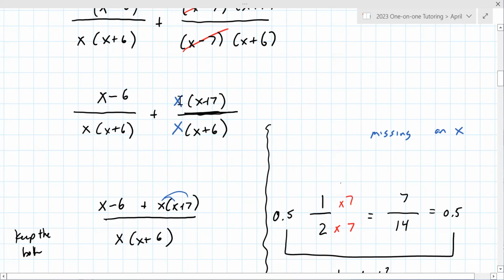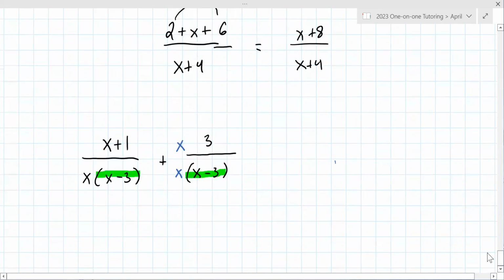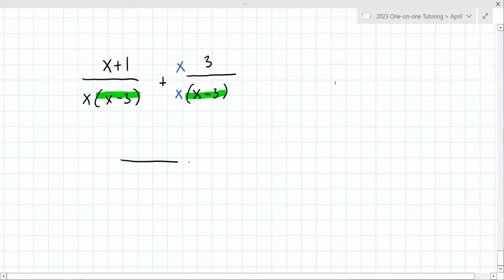Yeah, so we put an x on the top and an x on the bottom. And that's what this problem requires you to do. It requires you put an x on the top and an x on the bottom. So the bottom becomes x times x minus 3. Can you tell me what the top becomes when you add them together?